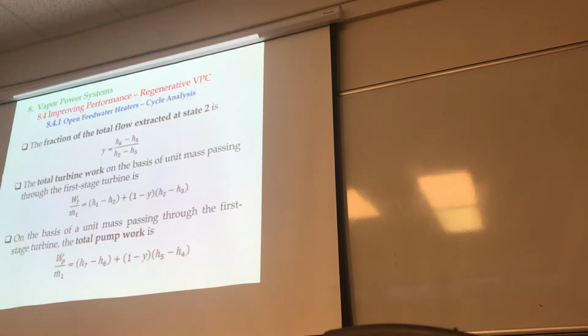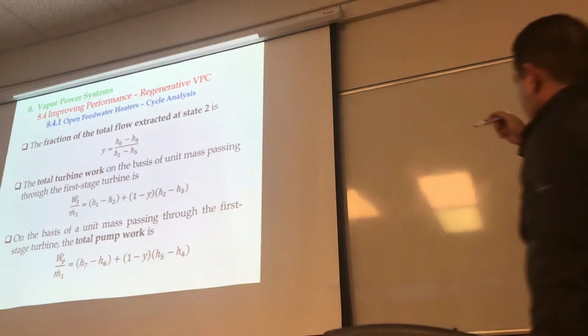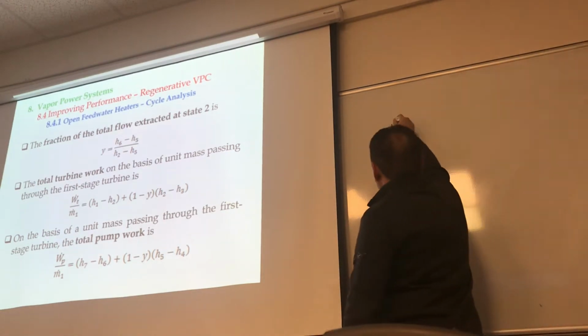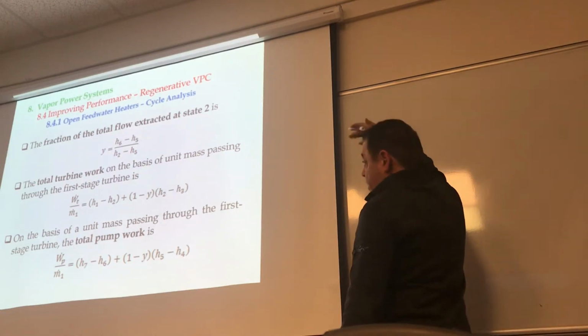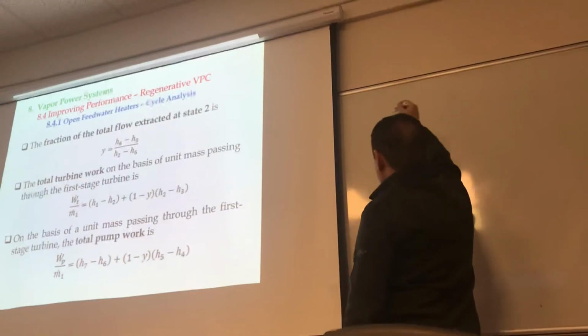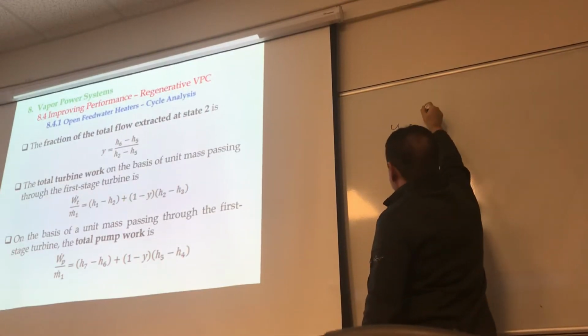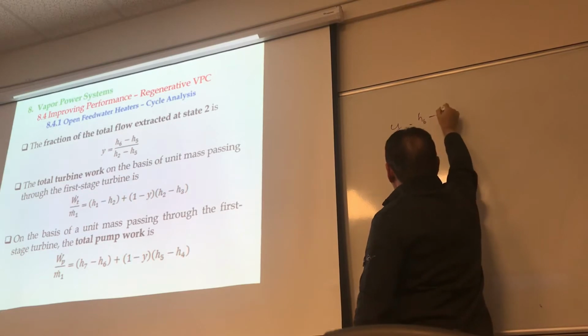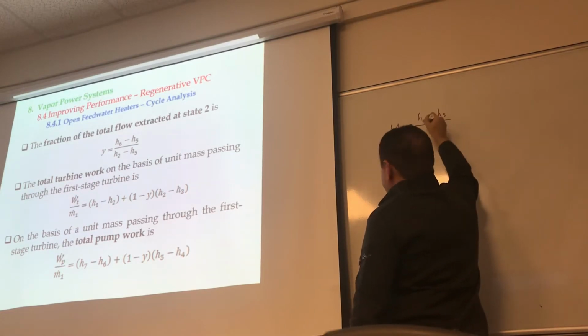Now, there are some equations on the slide. For example, it says that y, what is that fraction equal to? Remember, everything is a function of those h's anyway. It says y is equal to h6 minus h5 divided by h2 minus h5.